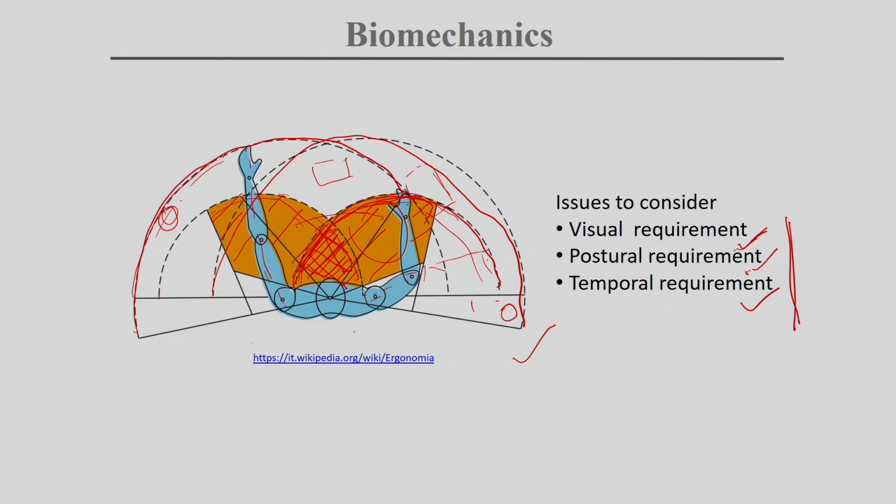So put all these things in the tertiary area, at the maximum reach of the person or more than that, but whatever they are accessing, those things are in priority in the other areas. These are the basic principles of how you can design furniture depending on the person's activity performance, what activities they will do, and obviously we need to consider the visual requirement, posture requirement and temporal requirement.